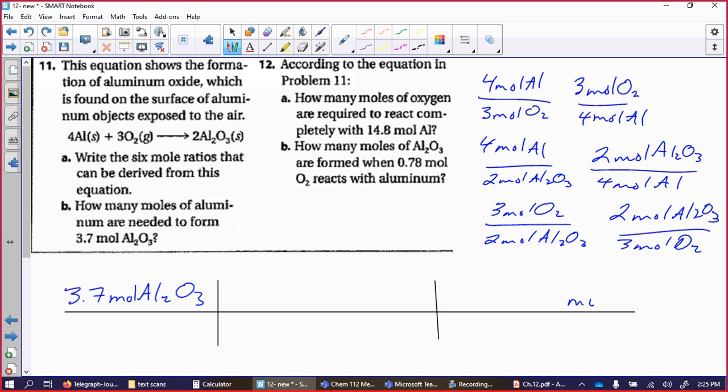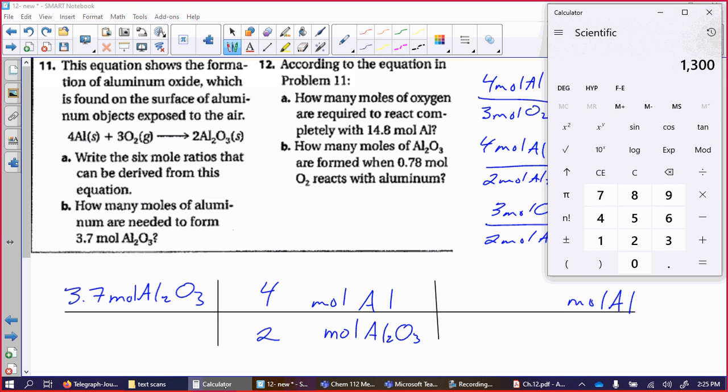We want moles of aluminum. So what I'm given goes on the bottom. What I want goes on top. This one is Al and Al2O3, so it's 4 over 2, 3.7.